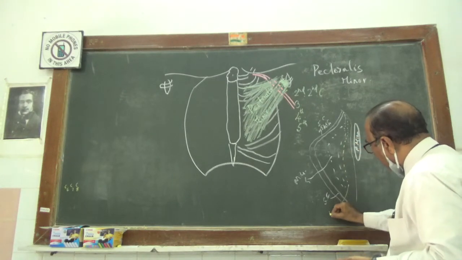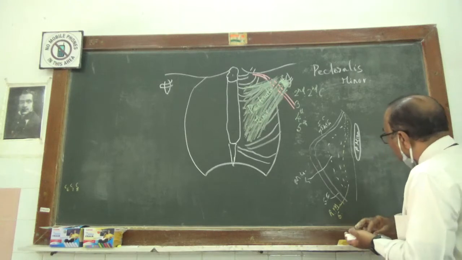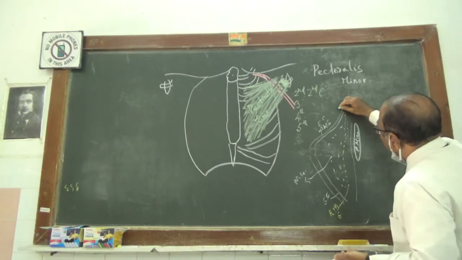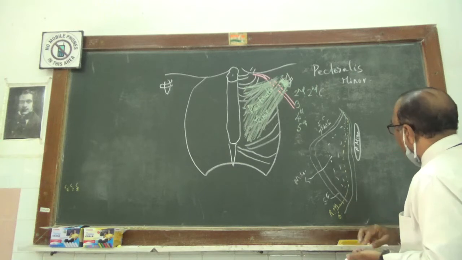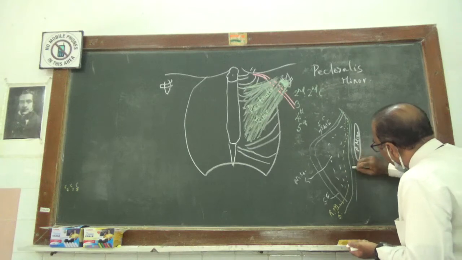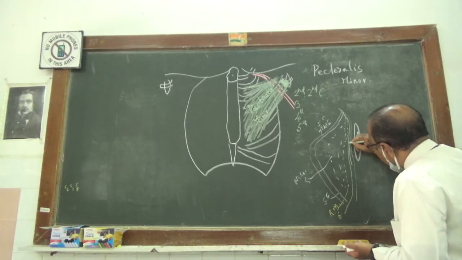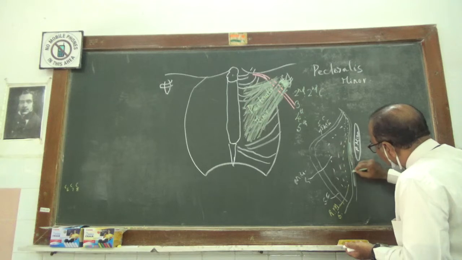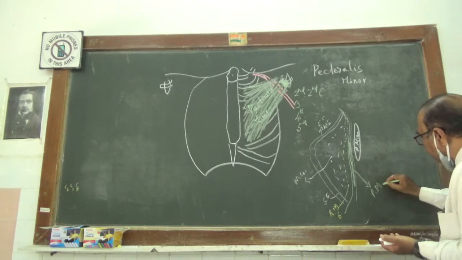This is the retromammillary space. Then the deep fascia of the pectoral region. Then you will have the muscle called pectoralis major.